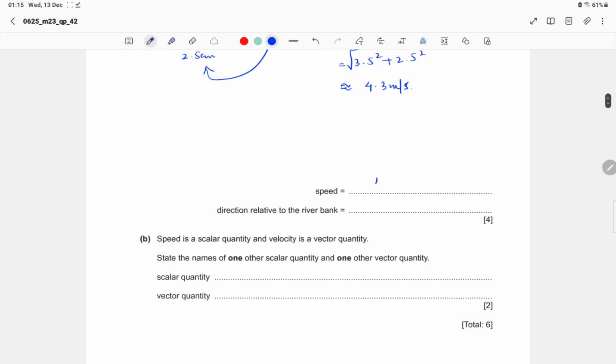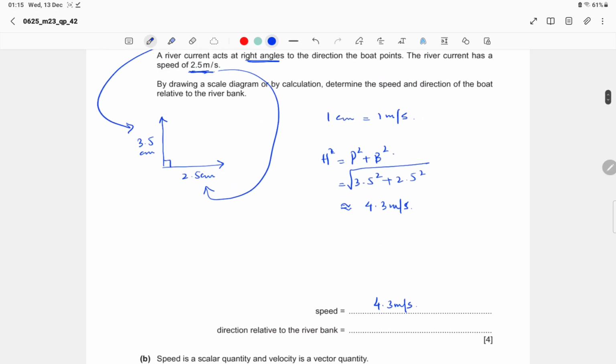So your speed will be 4.3 meters per second, and the resultant can be drawn like this, and this is going to be your resultant.